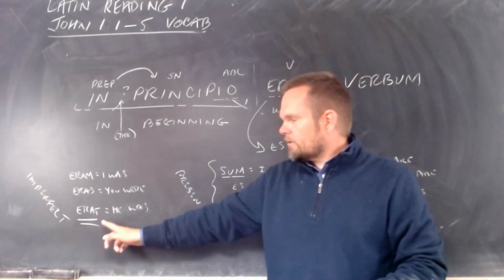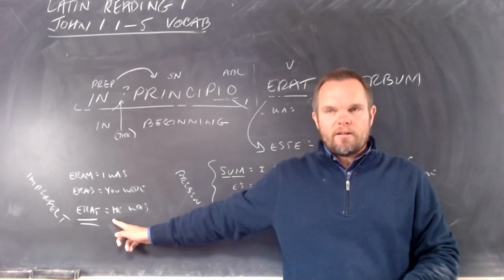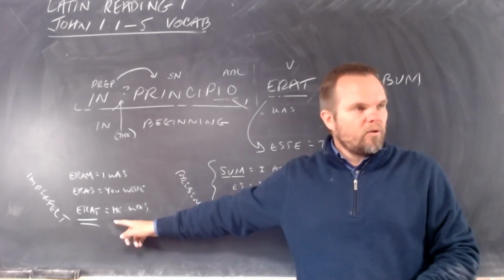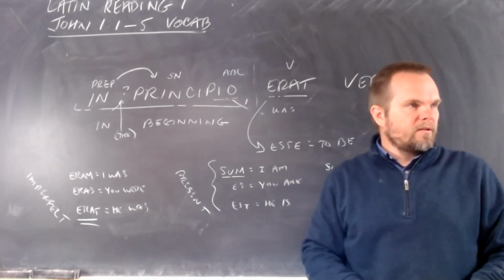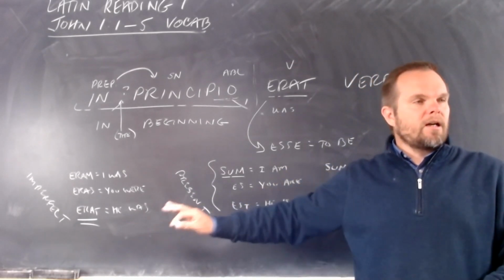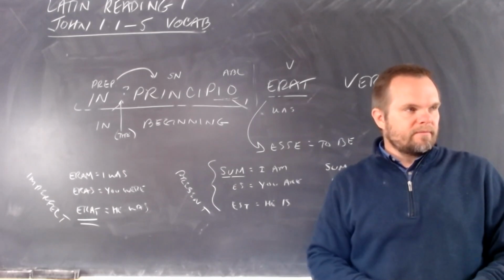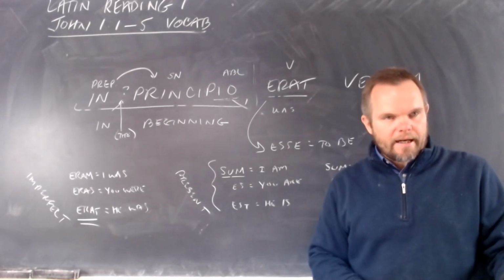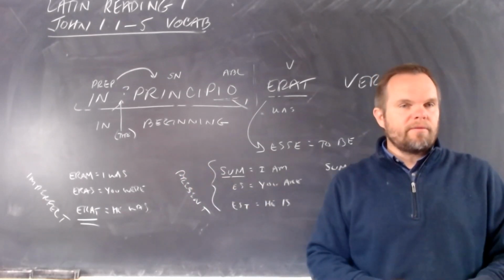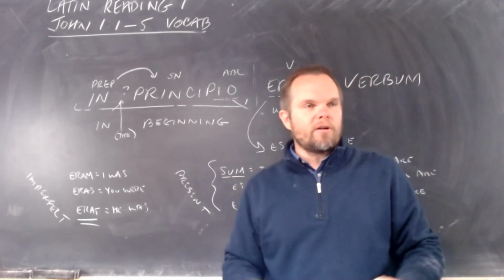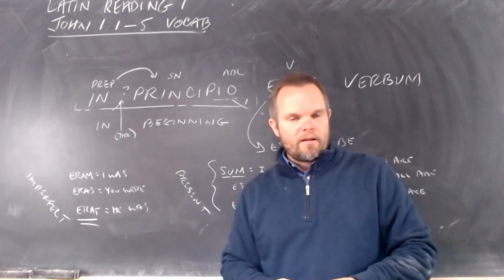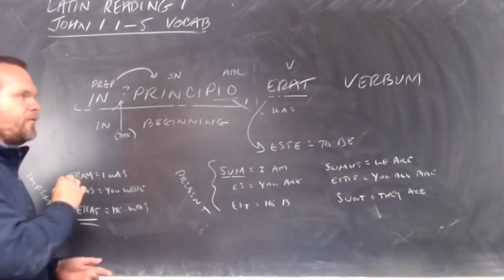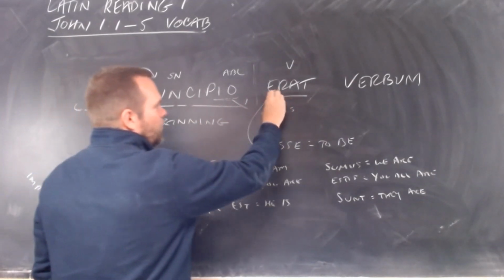He will know that it's the third person singular and that it's translated he, she, or it was. All of that information comes from his study of grammar. You got that? And in Latin grammar, we'll study all of these conjugations and forms of verbs. We'll learn all these things. All of that information is packed in this word.